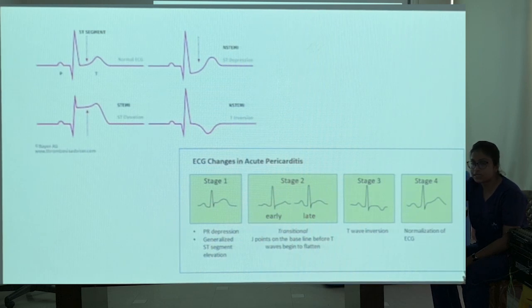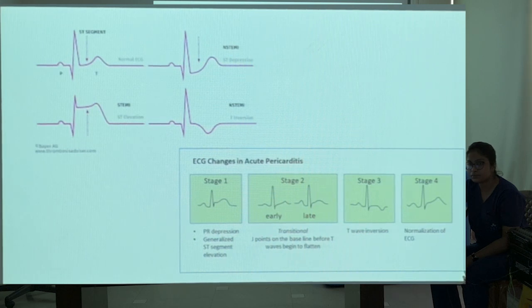In ST segment elevation MI, the ST segment concavity is convex upwards. In acute pericarditis, there is generalized ST segment elevation. So that is important. It is not the concavity alone, because like we discussed, in epicardial myocardial injury also you will get the same findings.